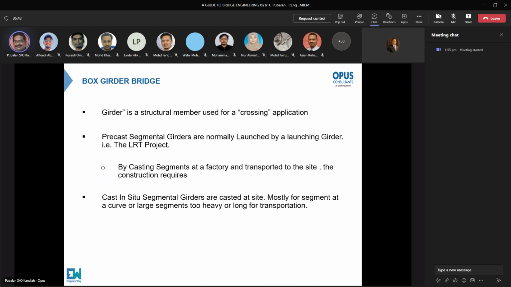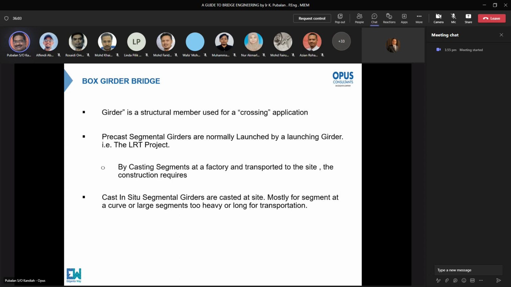So girder is a structural member used for crossing application. Okay, so we look at what girder is about. Precast segmental girders normally are launched by a launching girder, for example, the LRT project. And you have two types of box girders.